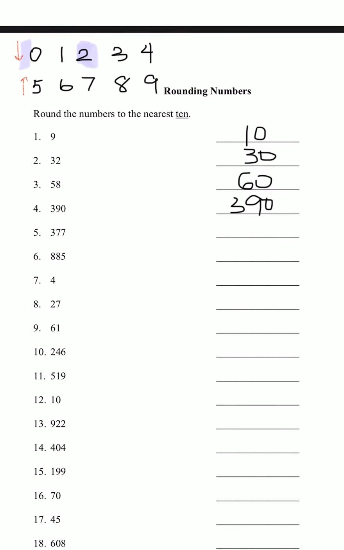Number 10, we have 246. 246 is between 240 and 250. Now, our first digit is 6. 6 is over here. So we're rounding it up, which is going to be 250. So the answer is 250.